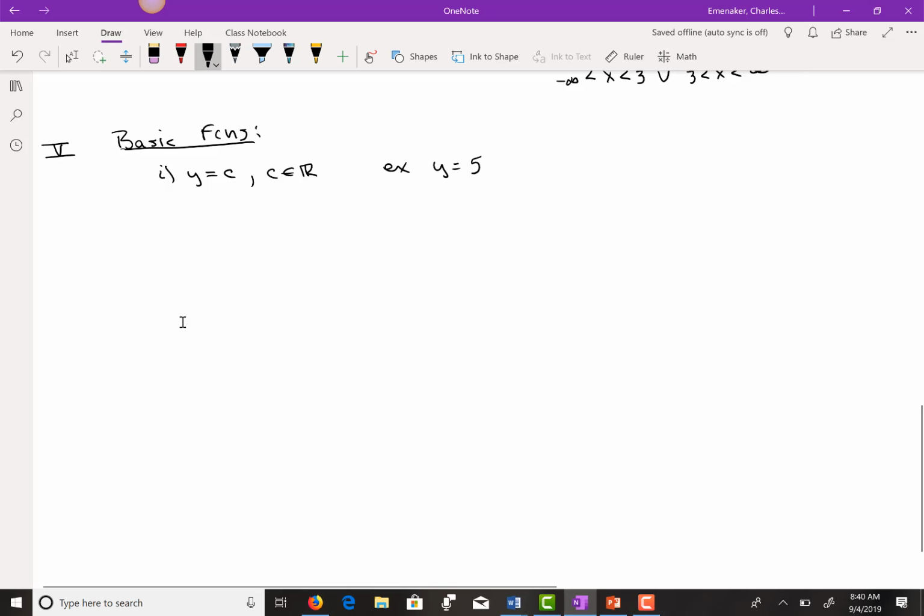Is that really a function? Well, if we graph it, what that means is regardless what the x value is, the y value is always going to be 5, and the graph is going to look like this. Does that pass the vertical line test? Sure does. It's a function.